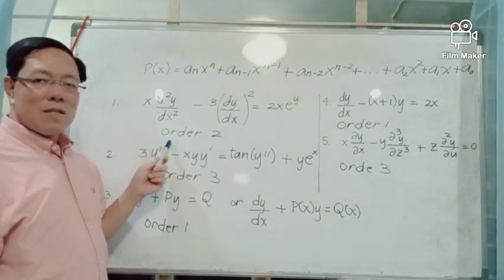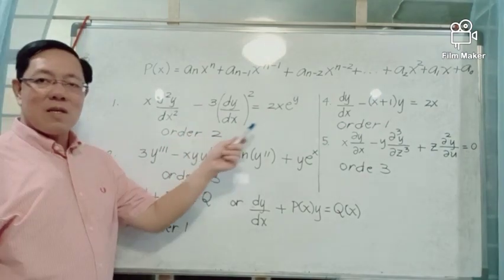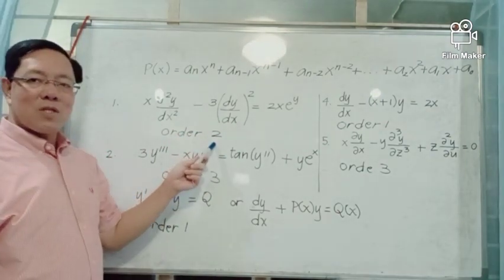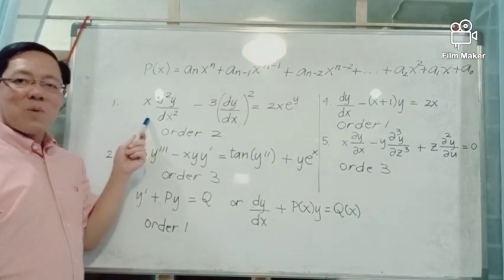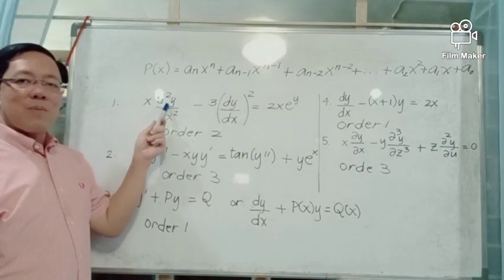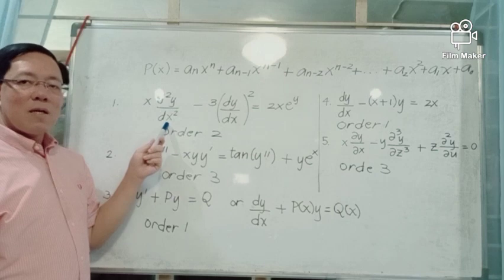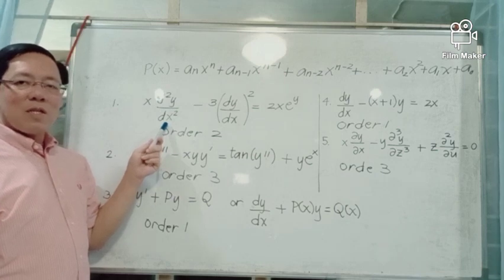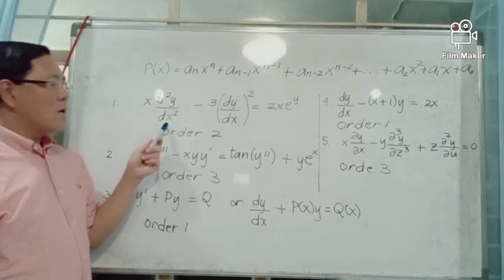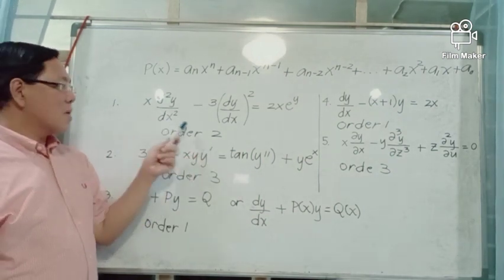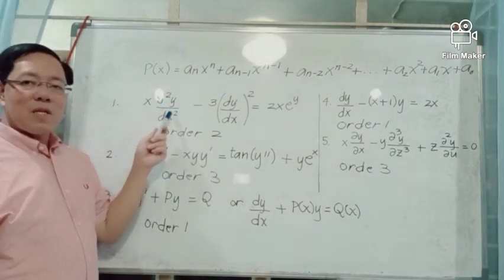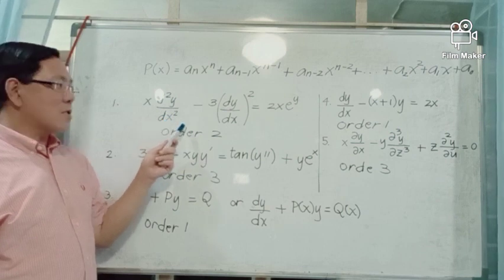Earlier we said that this is a second order differential equation because the highest derivative that appears in this equation is the second derivative of y with respect to x. So this differential equation is of order 2.